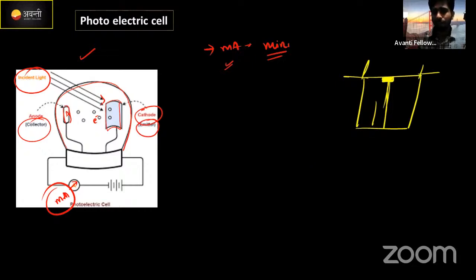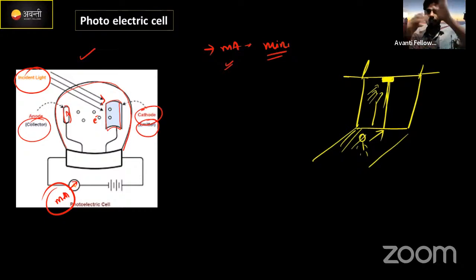When you start entering the room, actually continuous light falls on it. When you start to enter, you disturb the light rays. When the light rays are disturbed, the photoelectric effect takes place.